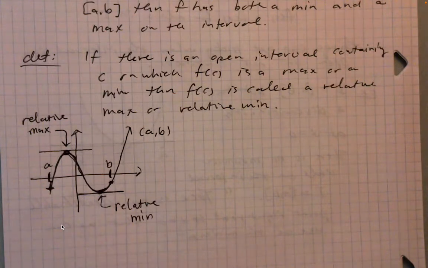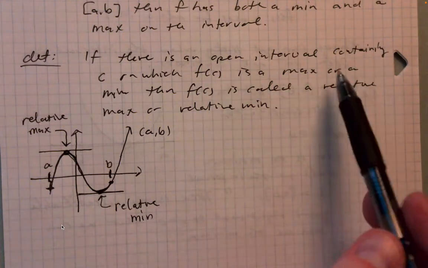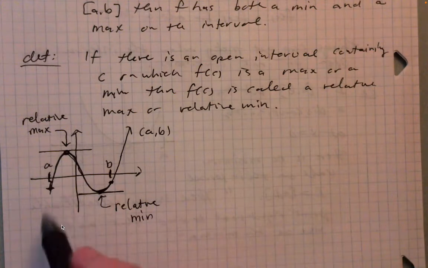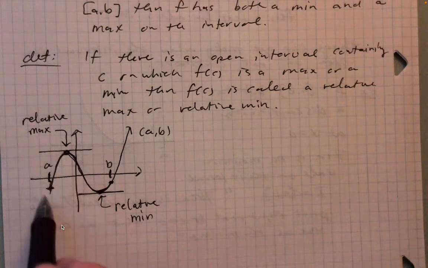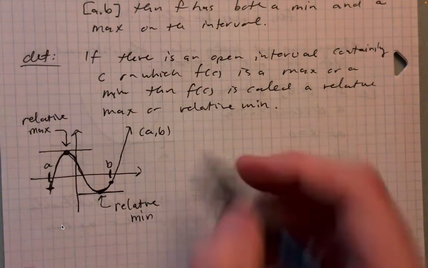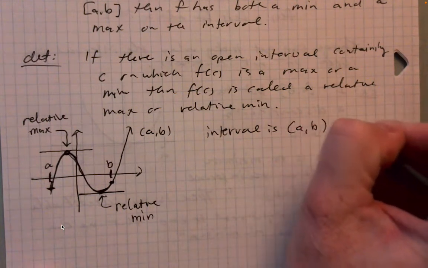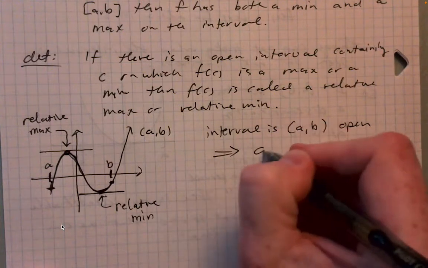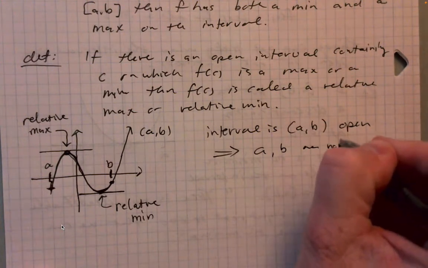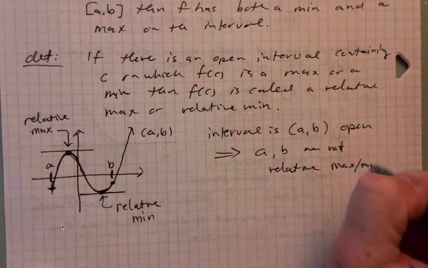Okay, and the point being that we're talking about an open interval here. What the open interval concept excludes is the possibility that the max or min is going to be at an endpoint. So if the interval a, b is open, that means that a and b are not relative max or min, because they're not in the interval.